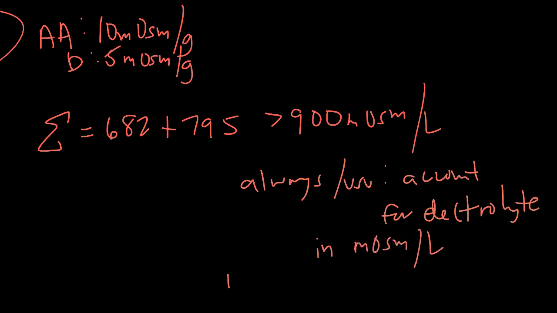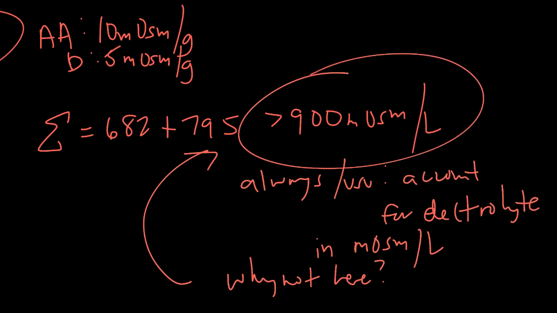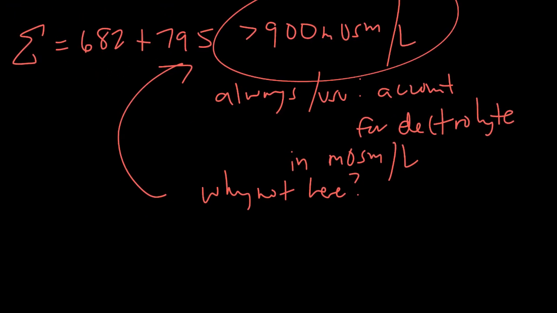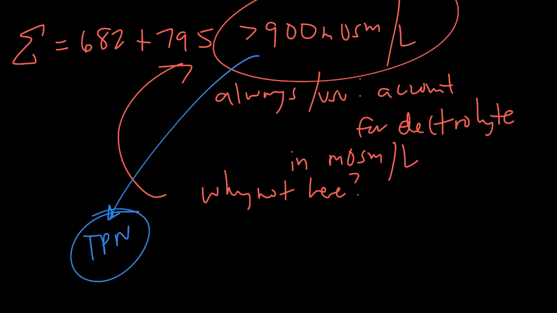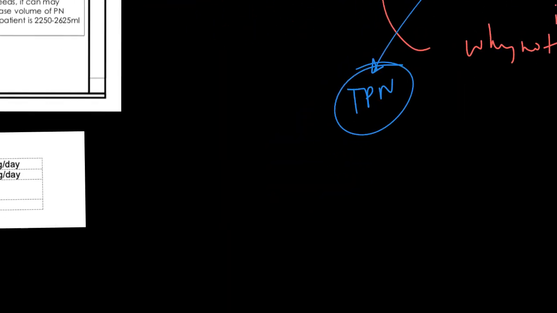So why didn't we do it here? Because your sum is already over 900, so why keep adding when you already know you're going to give it as a TPN? Don't waste your time. You have stuff to do, like eat lunch. So, since it's over 900, you should give it as a TPN.